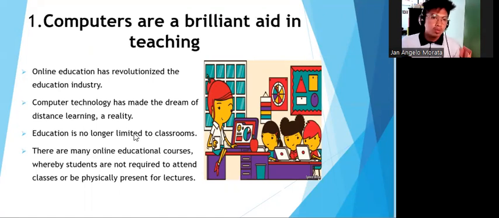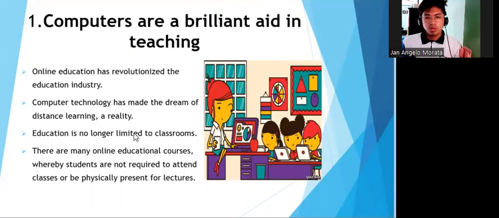So next one, computer technology has made the dream of distance learning a reality. Kasi kahit nasa ibang lugar ka, kahit nasa ibang bansa ka, even you are overseas or abroad, you can attend your dream school in whatever education track you want. Let's say for example, we have OFWs.